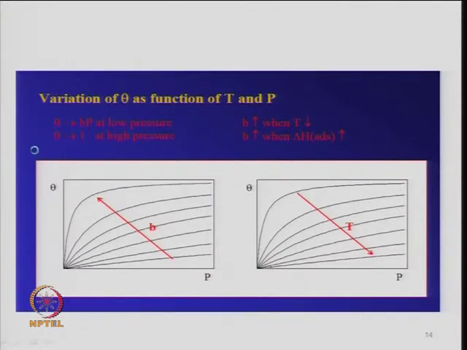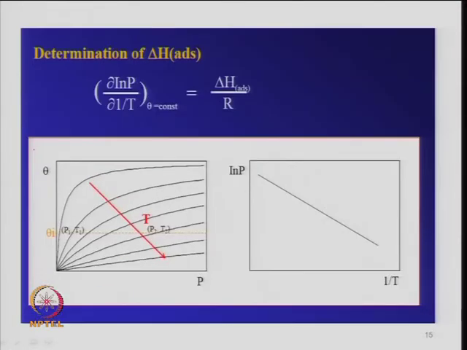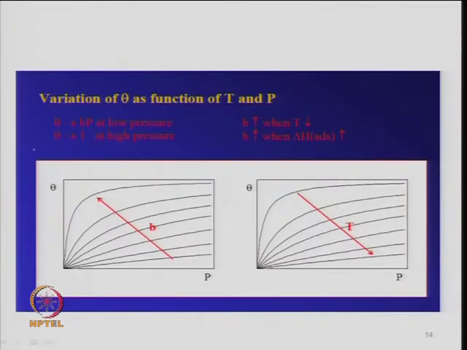The pressure effect is not shown here anyway. So theta, the rate of adsorption, increases with pressure, that is the first thing from this equation. But how does B, the adsorption equilibrium constant, affect the adsorption?